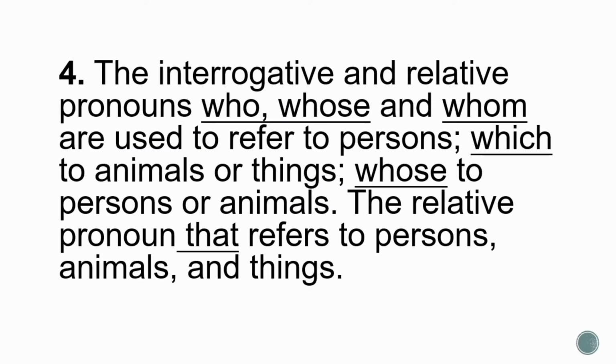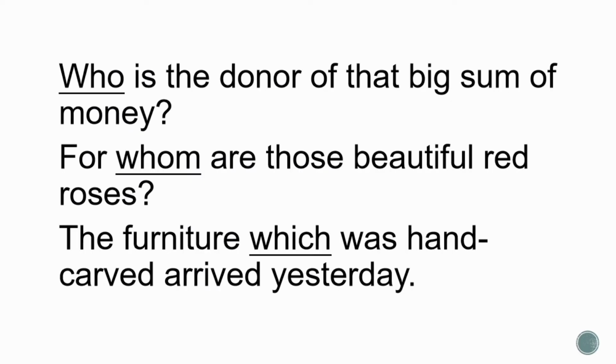The next rule is the interrogative and relative pronouns who, whose, and whom are used to refer to persons, which to animals or things, whose to persons or animals. The relative pronoun that refers to persons, animals, and things. Our examples, who is the donor of that big sum of money?